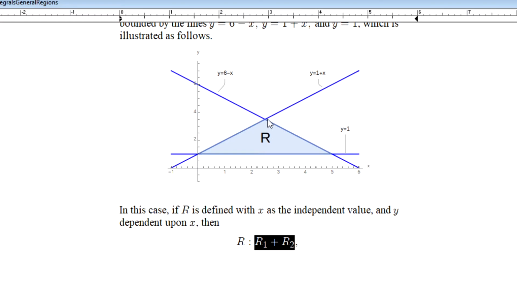Right at the value of 5 halves, we actually have two different descriptions for R. One description for R for the left half, and one description of R given by the right half.